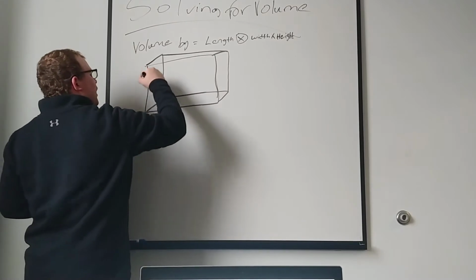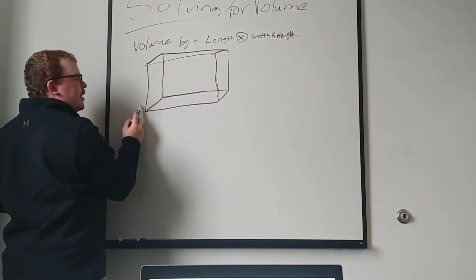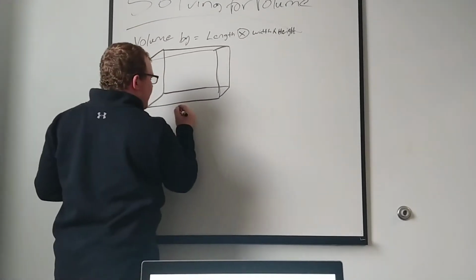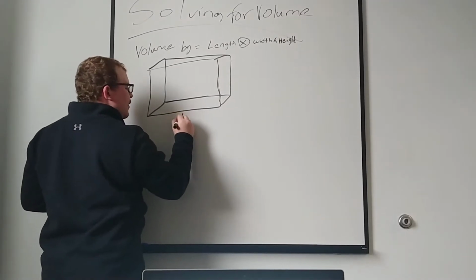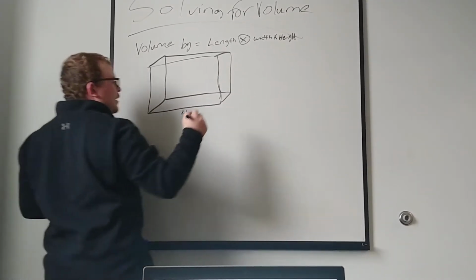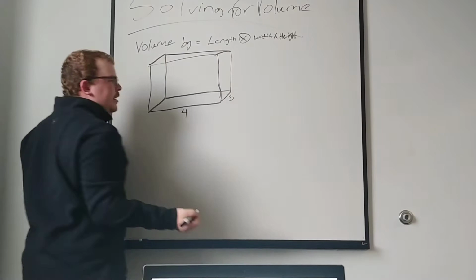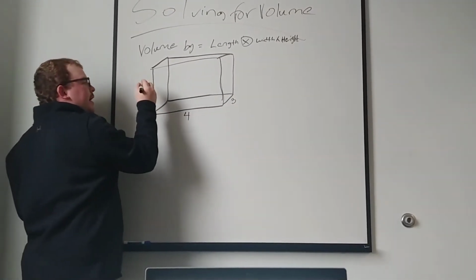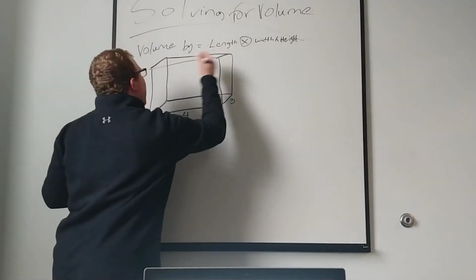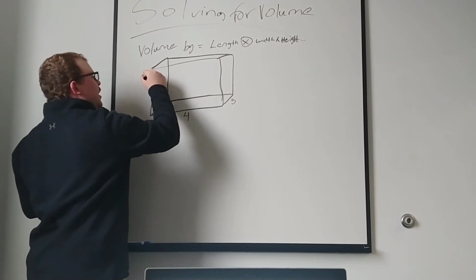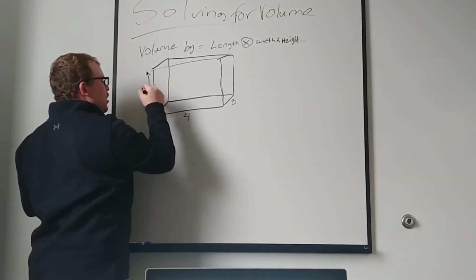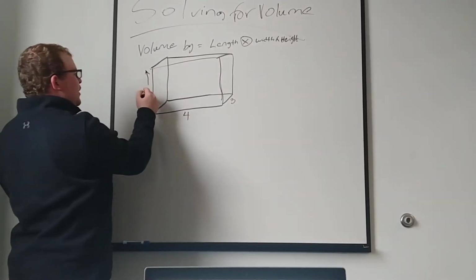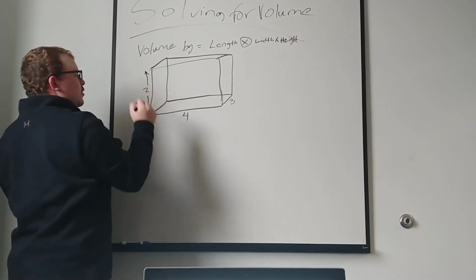Well, this time our height is going to be over here. Okay, so if we have a length of 4 and a width of 3, what is our height, which is right here? Our height would be, say, 2.